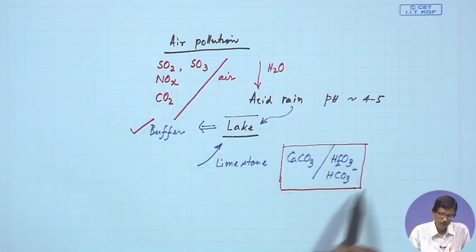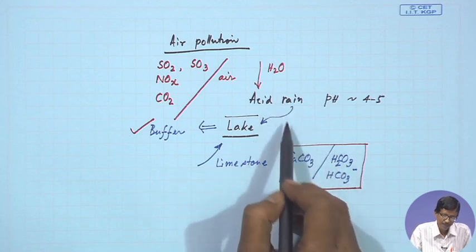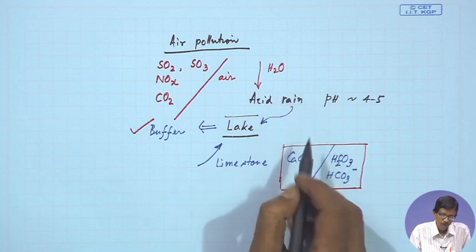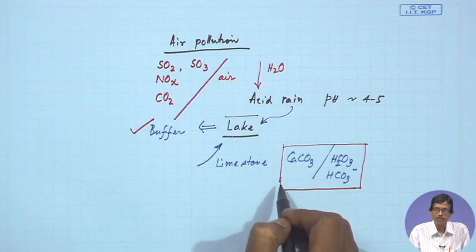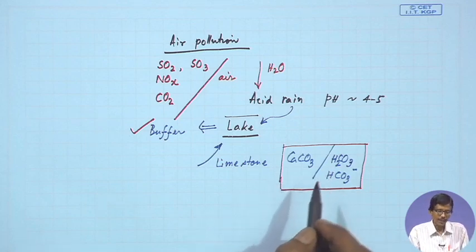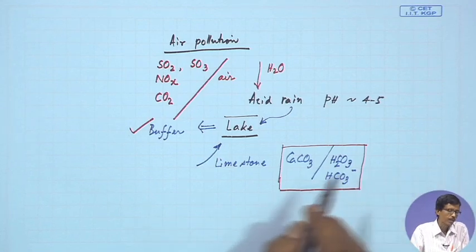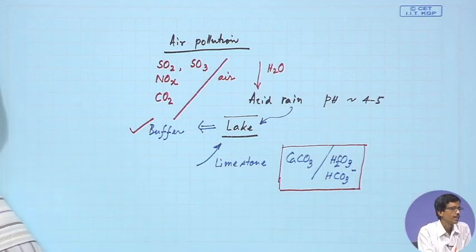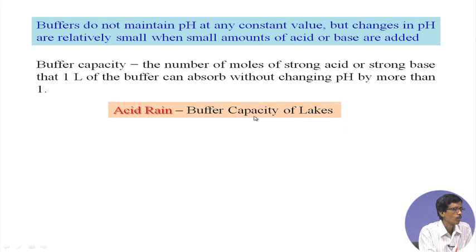So, this buffered medium can take the acid from the acid rain, but its pH will not change very much because your medium is buffered. That is the natural defense mechanism where we see that different lakes can have a certain amount of buffer capacity, because we have the definition of buffer capacity: how much acid or how much base it can absorb.